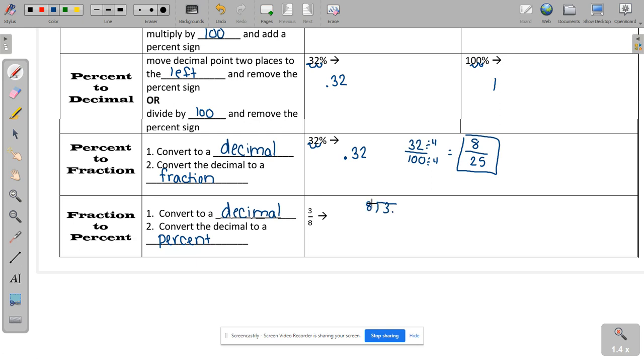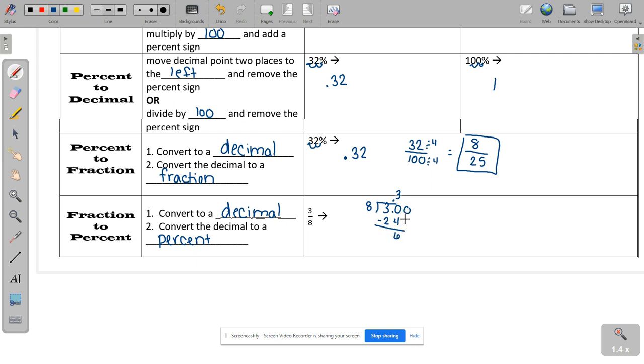So 8 goes into 3, and it doesn't. So we need to add the 0 with the decimal. Bring the decimal up. So 8 goes into 30 3 times. 3 times 8 is 24. Subtract, and we get 6.